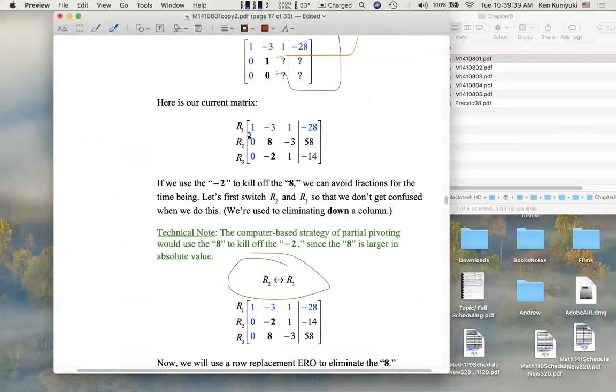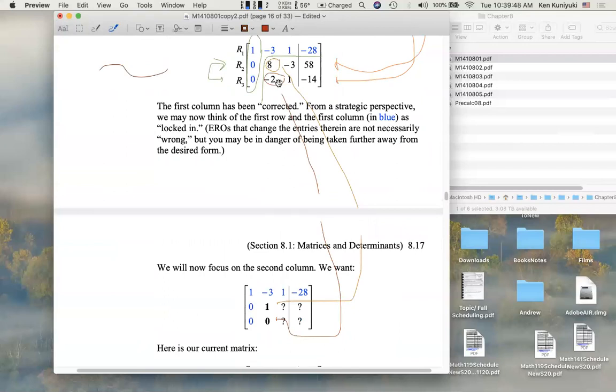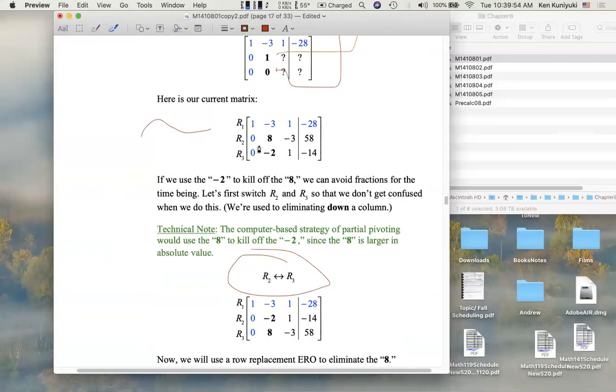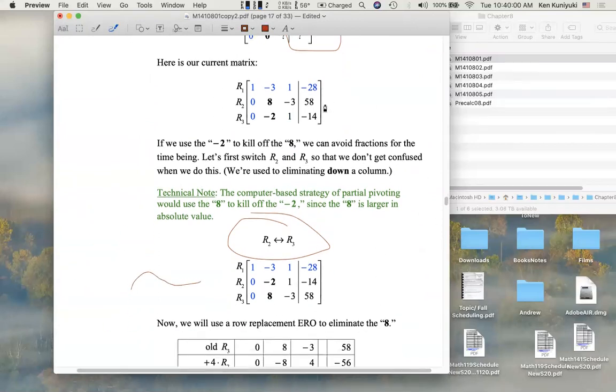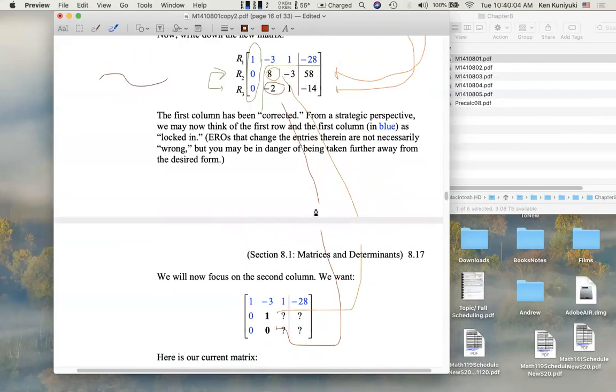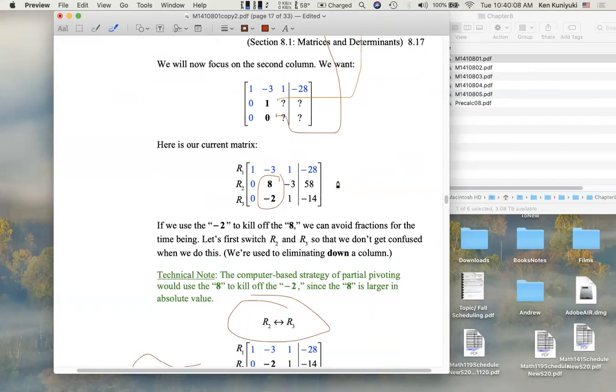Row 1, we keep the 1, -3, 1, -28. The old row 3 is the new row 2. This is the matrix we're working on. I just copied this matrix and I bold-faced the entries we want to change.